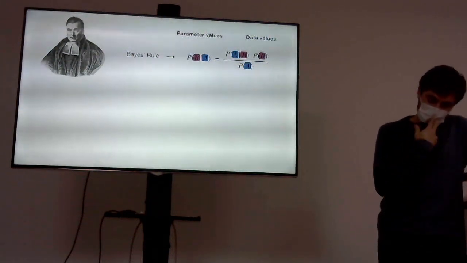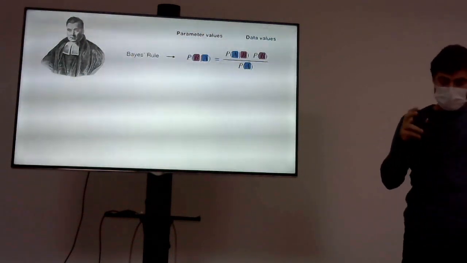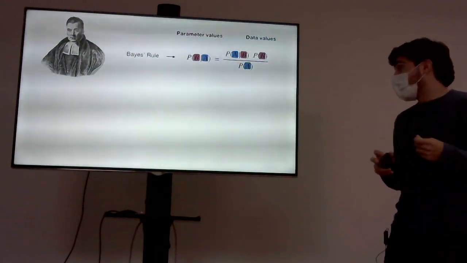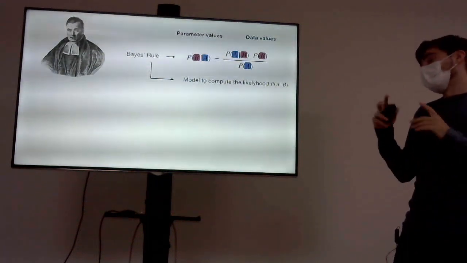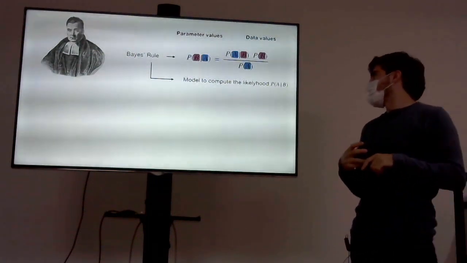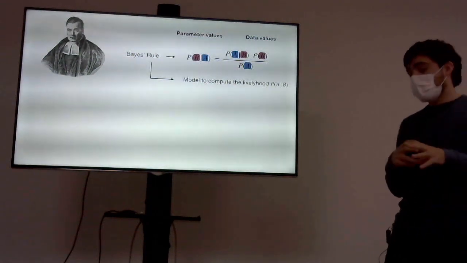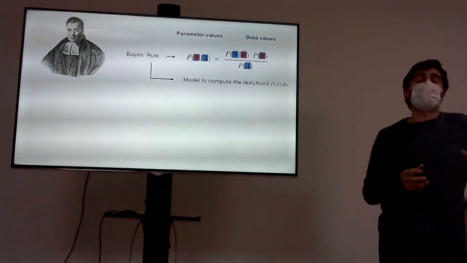So to see how we apply that in our problem of detecting this magnetic signal, we are going to consider a particular example. First let me just mention that you need some kind of information about your system before you start.